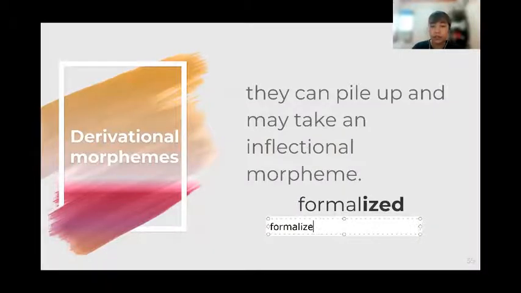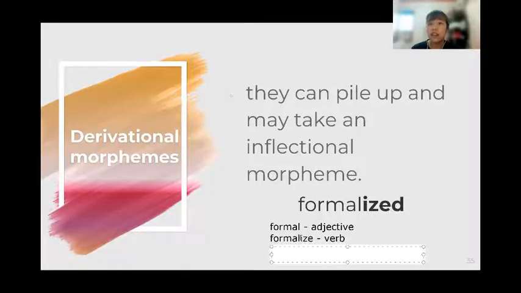Okay. So formalize is a verb. Earlier, formal, when it was just formal, is an adjective. When we added your IZE, it became formalize. So the part of speech changed, it became a verb.